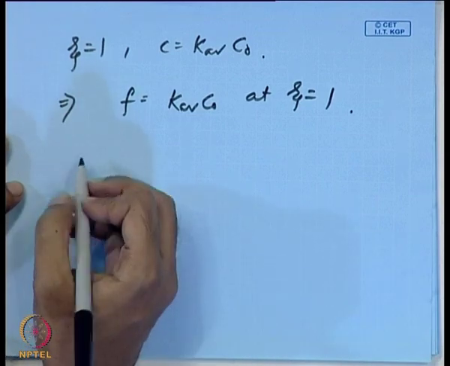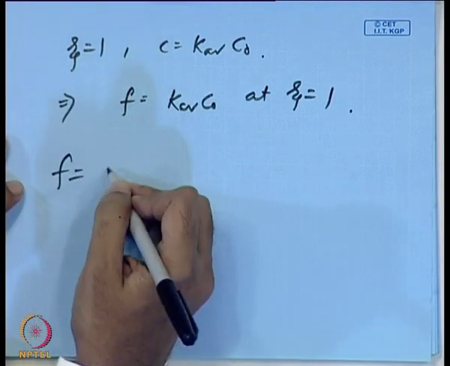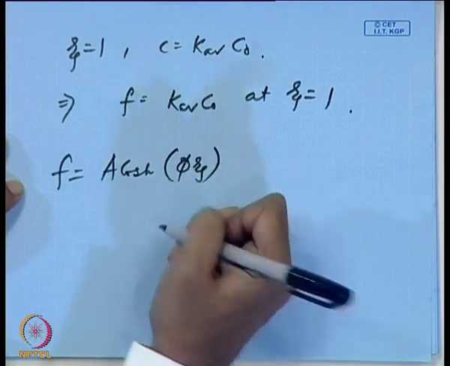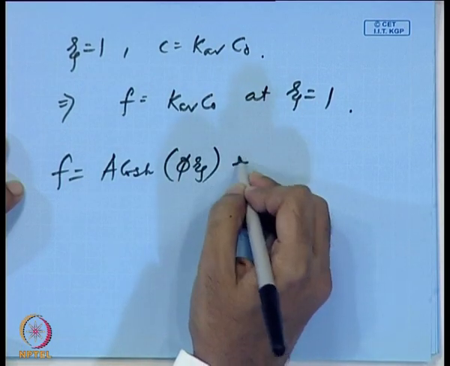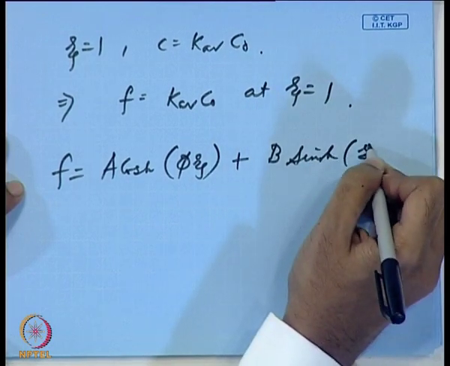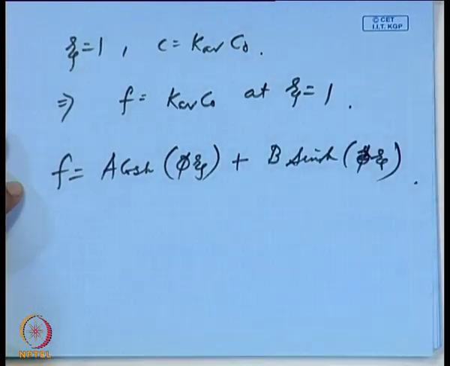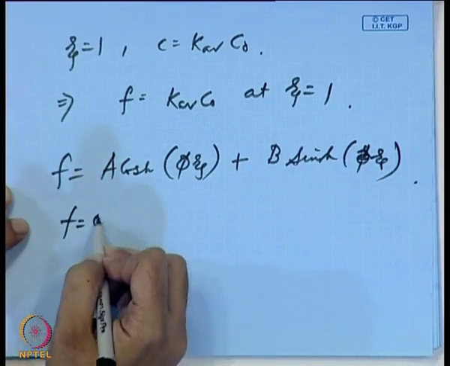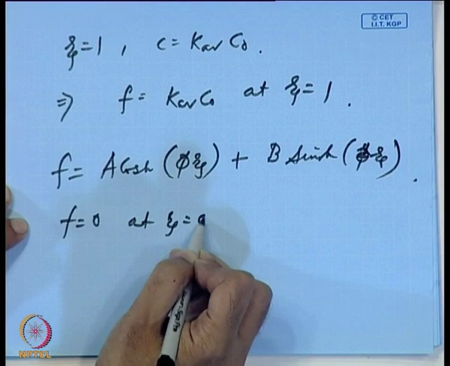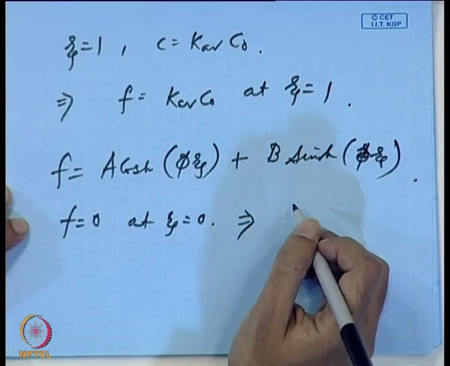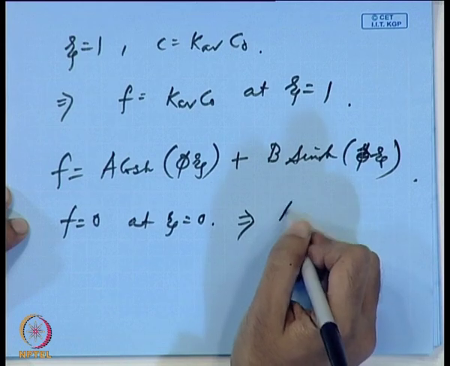Now, your solution to your equation is F is A cosh phi psi plus B sinh phi psi, right. So the first boundary condition, F equals 0 at psi equals 0, implies that A is 0, right.